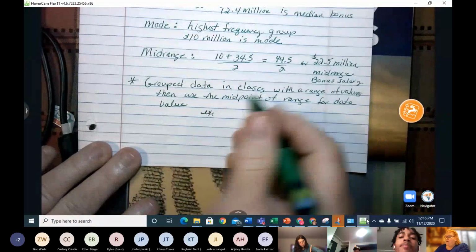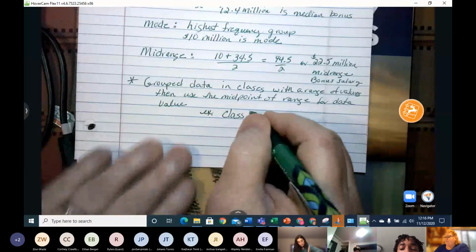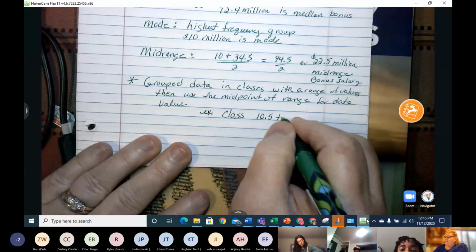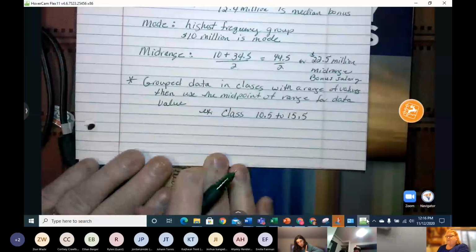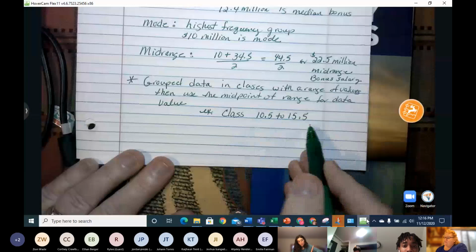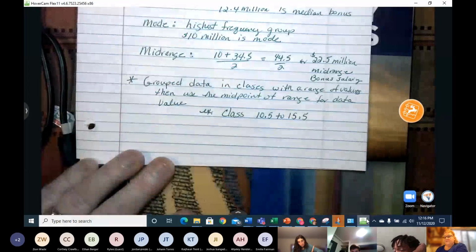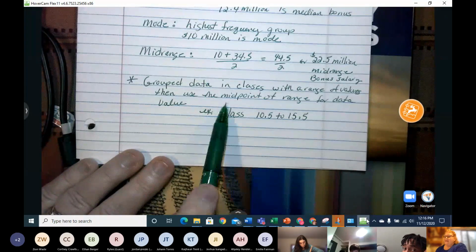But when you have a range, it is hard to determine what you use for the data value. So for example, if we have a class that ranges from 10.5 to 15.5, what do you use for the data value? Well, that doesn't give us one value to use in the mean. We need one value. We need the midpoint.